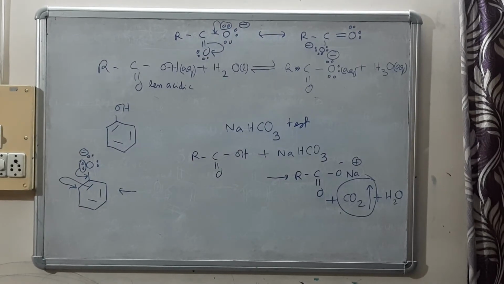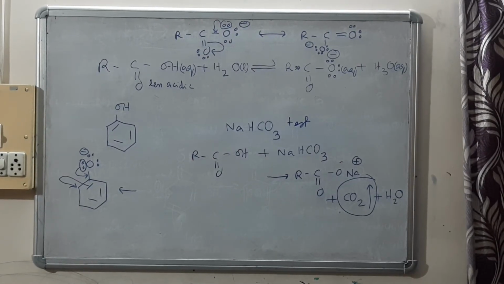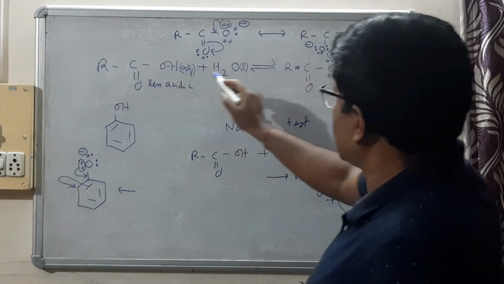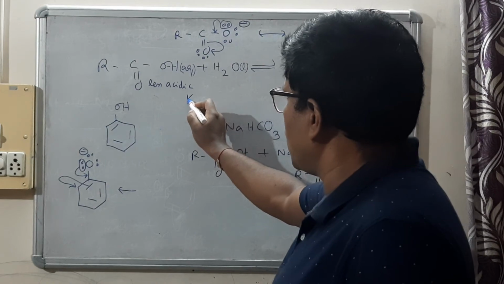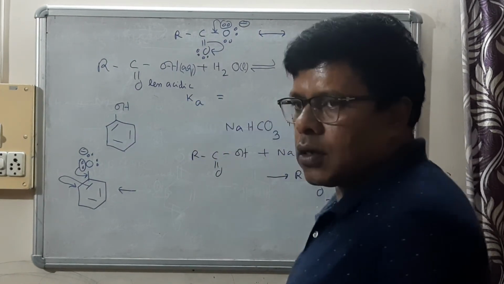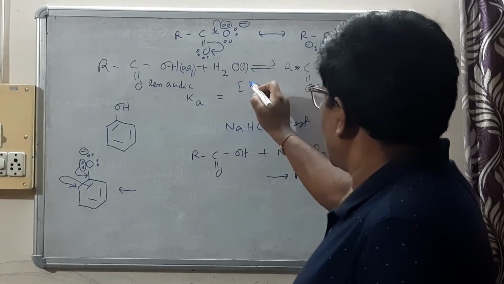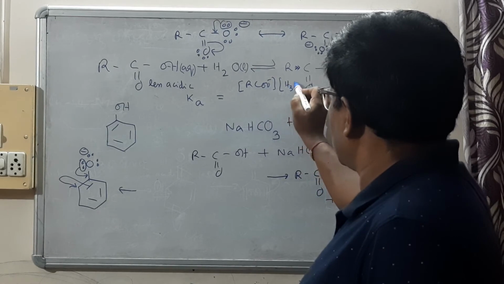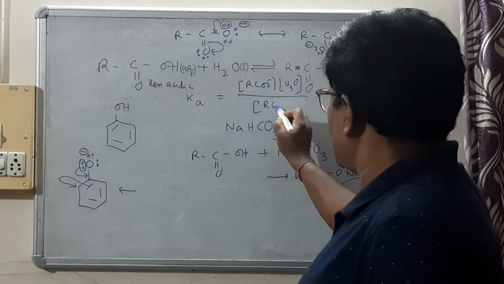Now, the discussion on the acidity of carboxylic acid will not be complete if I don't discuss the terms Ka and pKa. Suppose this equilibrium, then the equilibrium constant Ka is the concentration of RCOO minus times the concentration of hydronium ion, divided by the concentration of RCOOH.